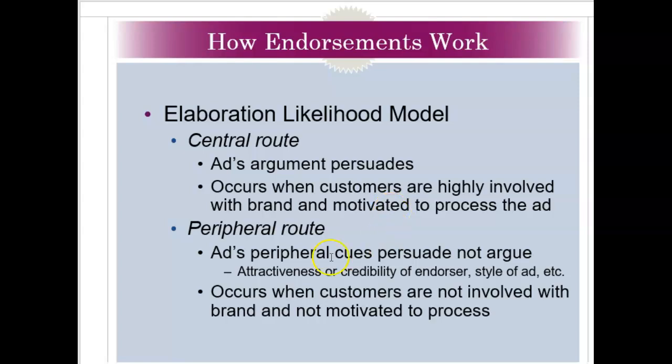And then we think about a peripheral route, which is where the ad's peripheral cues persuade, but not argue specifically for the point or the message of the ad. There's lots of ways that can happen. These are not necessarily done in isolation, but they're considerations when we're putting together an endorsement type of ad.